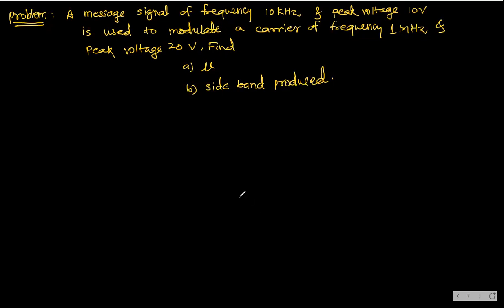Now how to do? See, I'm giving you hint. You can go ahead with that. Given what, message signal you have. Yes. And that frequency also they have given. So fm of message signal is 10 kilohertz, so that is equal to 10 into 10 to the power 3, which is equal to 10 power 4 hertz. Okay.